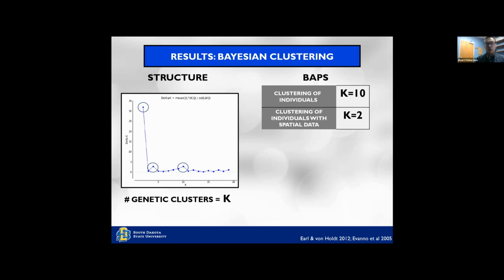And then I ran two different models in BAPS. First was clustering of individuals, and that one used the same information that was used in the STRUCTURE run. That also came up with K equal to 10. Then I ran a spatially explicit model, the clustering of individuals with spatial data for BAPS, which came up with a result of K equal to 2, which provides further support for STRUCTURE's finding of K equal to 2.